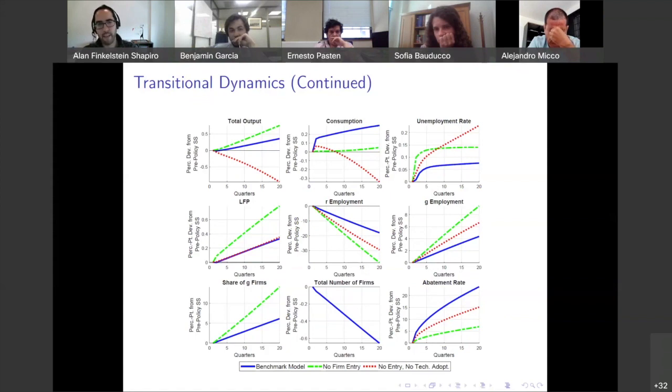So I'm currently working on thinking about this type of environment in an emerging country setting, for two reasons. First, one of the reasons we care about carbon taxes is because of their impact on unemployment.